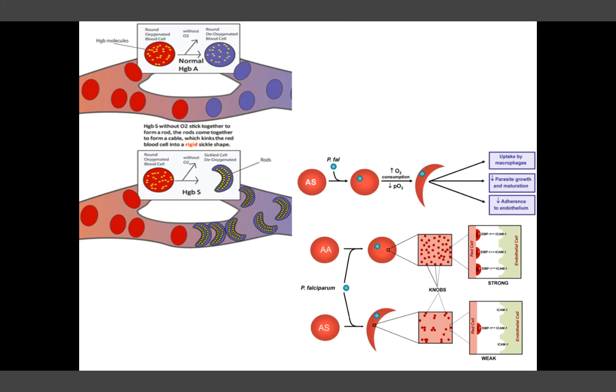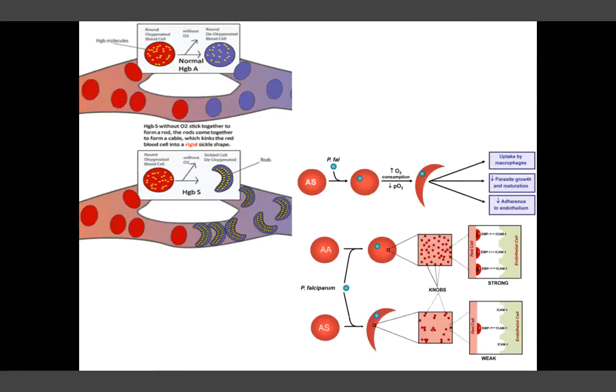As you can see, individuals who are AA have a strong affinity to the plasmodium, allowing for the infection to increase at faster rates with no way of reducing the malarial infection. However, individuals who are AS express both types of hemoglobin. So when the plasmodium enters into the red blood cell, a side effect of the malarial infection is increased oxygen consumption within the cell.